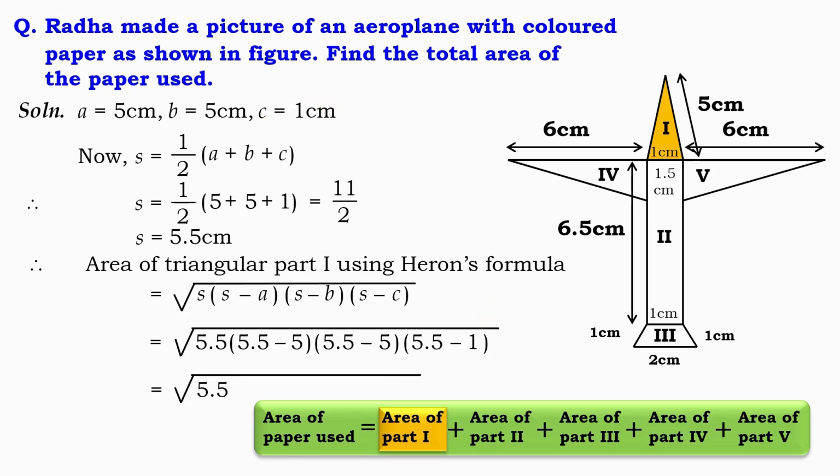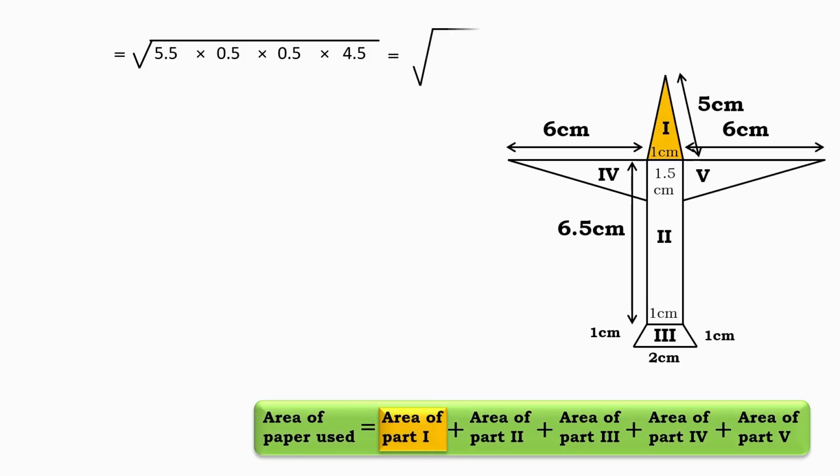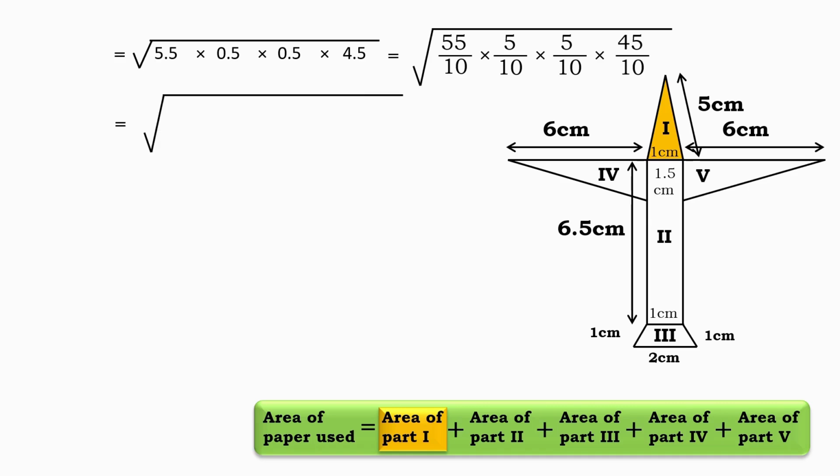Which is coming 5.5 into 0.5 into 0.5 into 4.5. Now 5.5 means 55 by 10, 0.5 means 5 by 10 and 4.5 means 45 by 10.